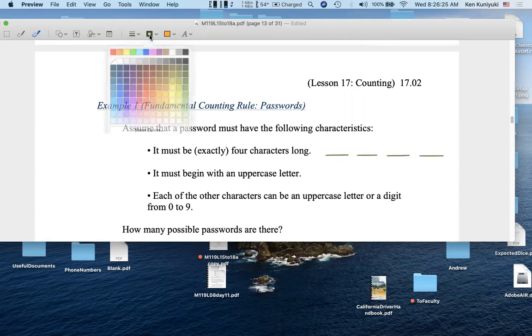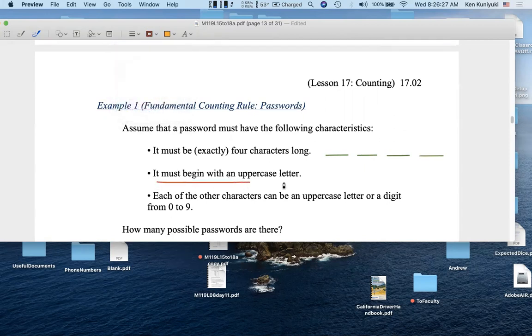It must begin with an uppercase letter, that affects the first character, and each of the other characters can be an uppercase letter or a digit from 0 to 9. That affects these other 3 positions.